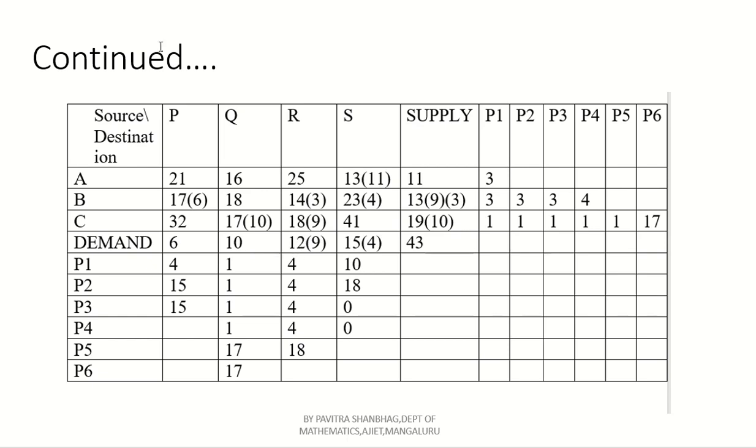The lowest element remaining is what? 9, right? We have done 12 minus 3 and made it 9. Now of this 9 and 19, which is the lowest, we have to assign that value here. So this 9 we assign to this particular cell.